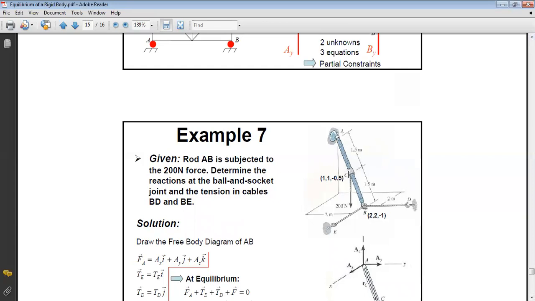Look what they did in the problem here: they gave you the coordinates of C and B with respect to a frame.